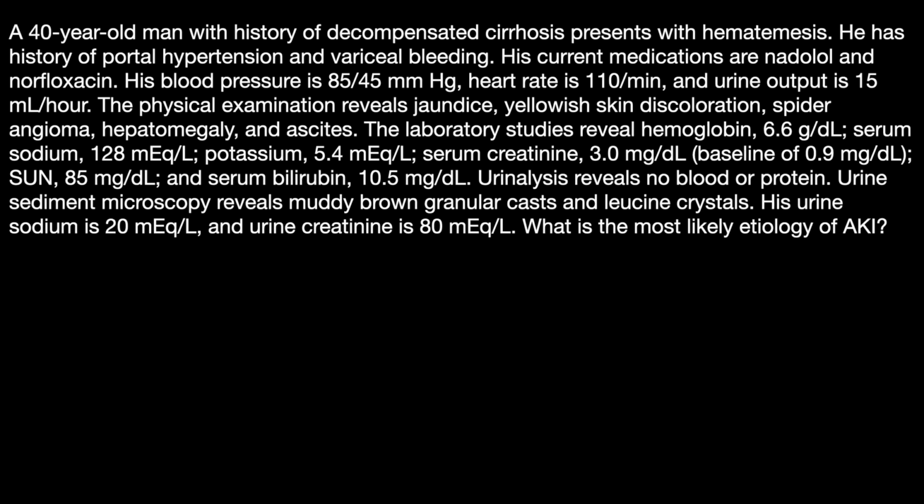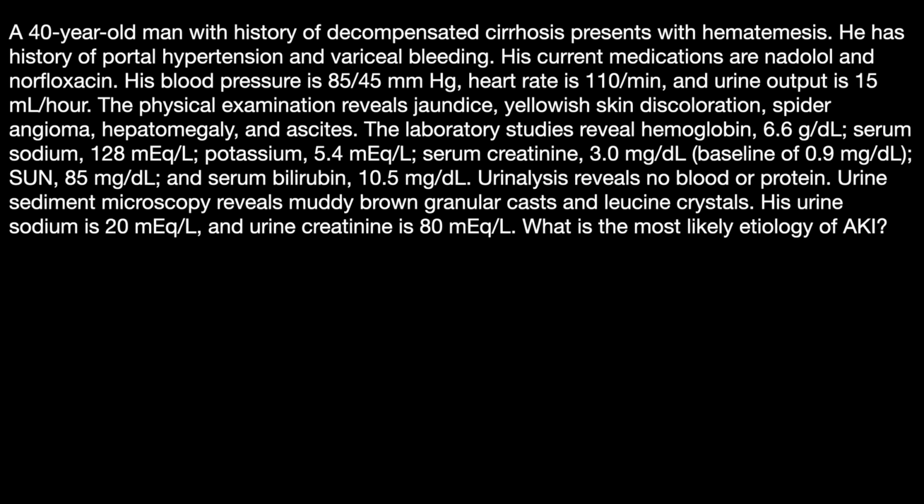In his current medication, he is on nadolol and norfloxacin. His blood pressure is low. Please note this, his blood pressure is low, 85/45, and the heart rate is 110. Urine output is again low, 15 ml per hour. Physical examination reveals jaundice, yellowish skin discoloration, spider angioma, hepatomegaly, ascites.